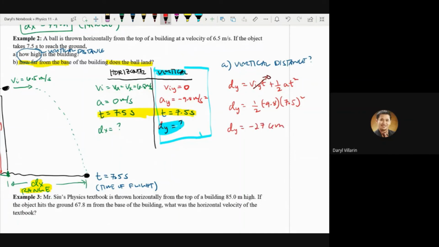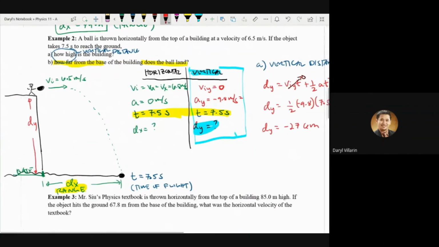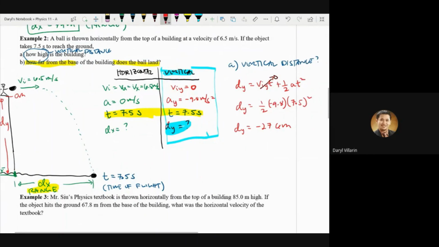If I solve for that one, that gives me negative 276 meters. But remember that this is the displacement, or at least the position of the object. And you can see that also jives with the question, because with this coordinate system that we use, this is my 0 meter position. So therefore, it's below.